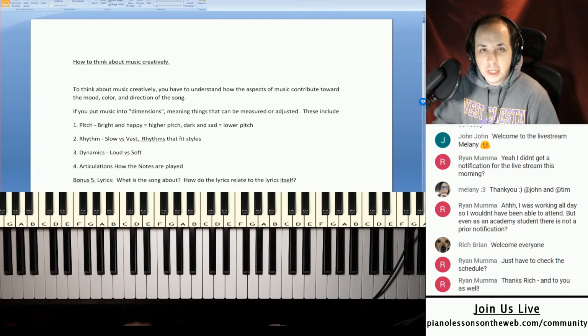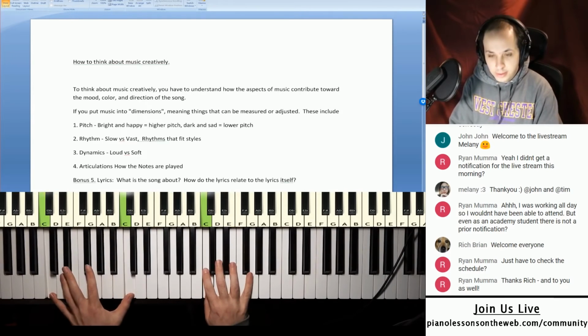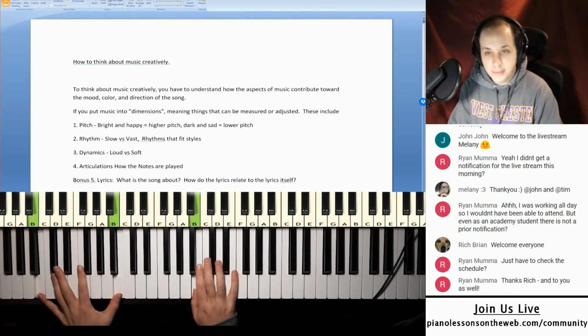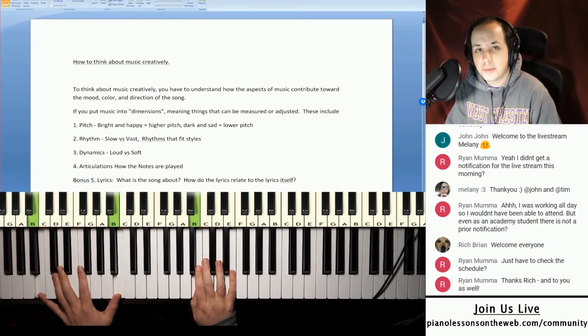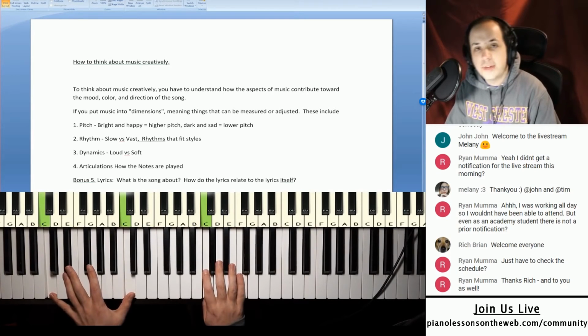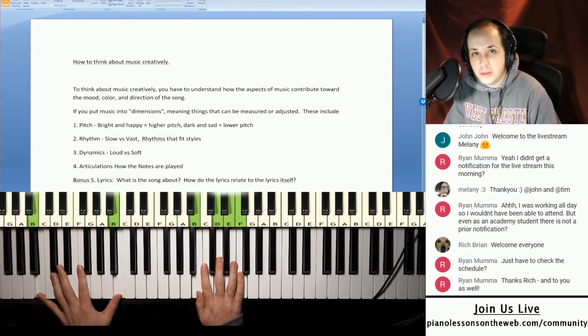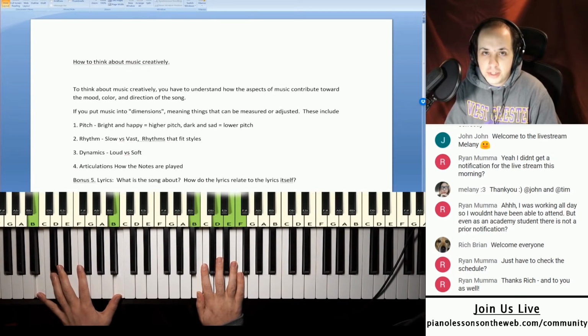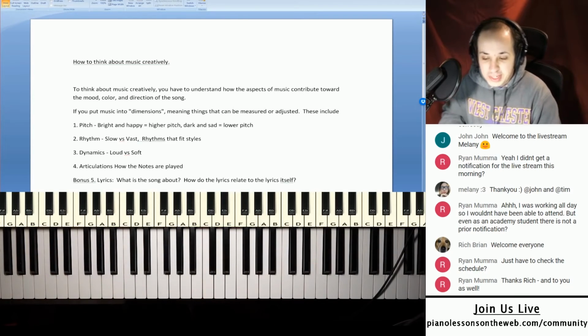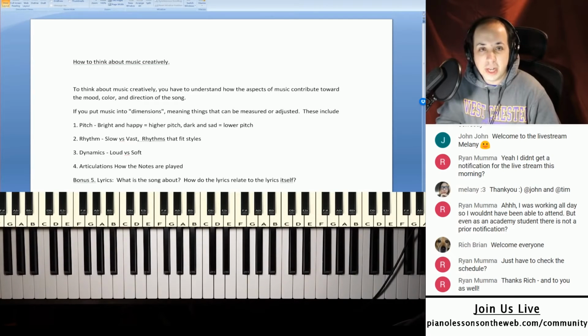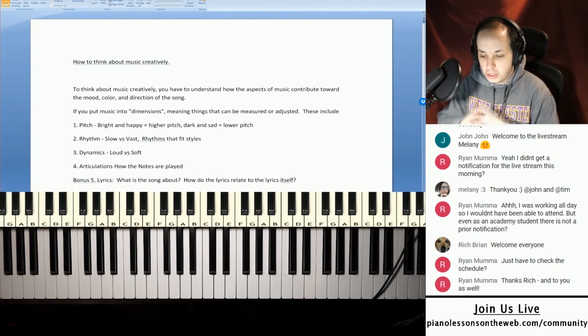So if you're thinking about perhaps Beethoven's Fifth Symphony, that's going to be mostly on the louder side. Now, it does have softer parts. I actually don't know how to play it all today, so I won't play it for you right now. But it definitely has softer points and louder points, and definitely has a huge range.